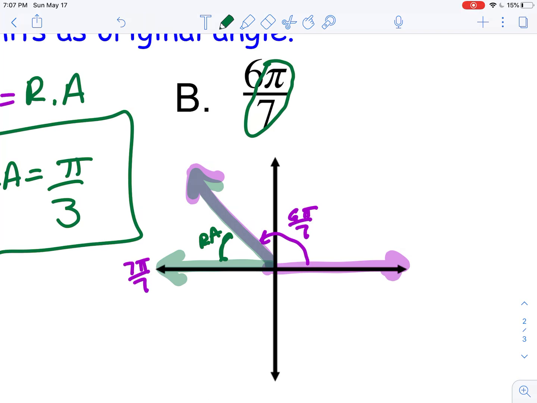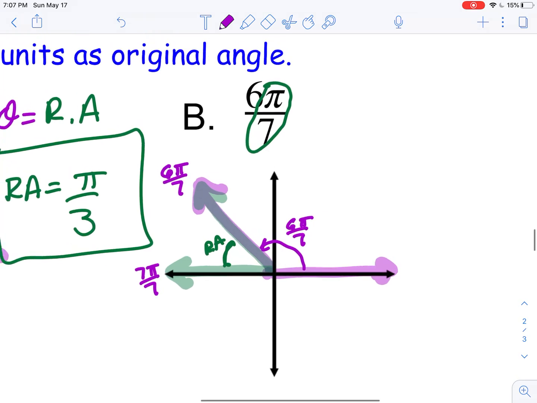Because if this is 6 pi over 7, and 180 degrees is 7 pi over 7, we know that in the second quadrant, my reference angle is going to be pi minus my theta, which is 6 pi over 7.